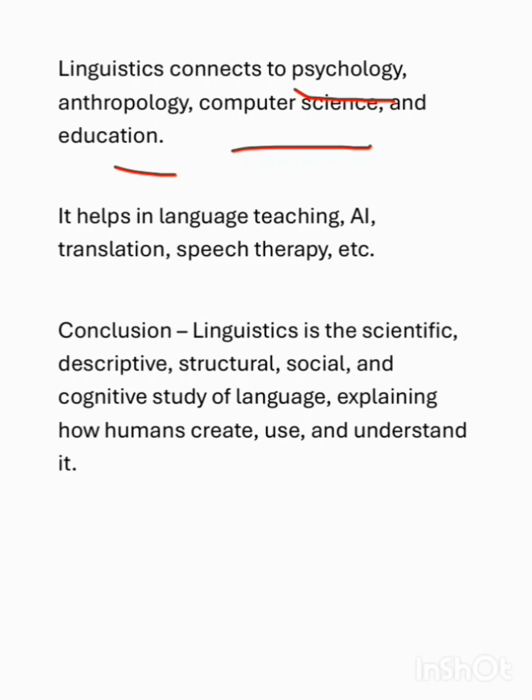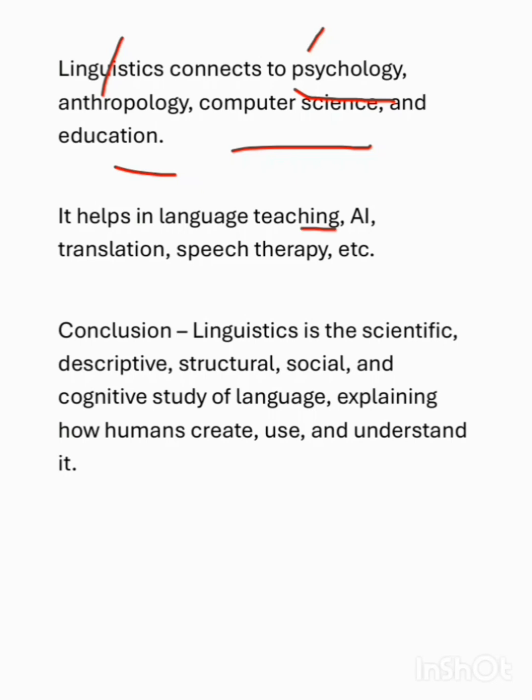Psycho means the mind plus language, and how from our mind we use different words to communicate. Then anthropology, how language works in society. Anthro means related to humans. So these things are discussed in linguistics.